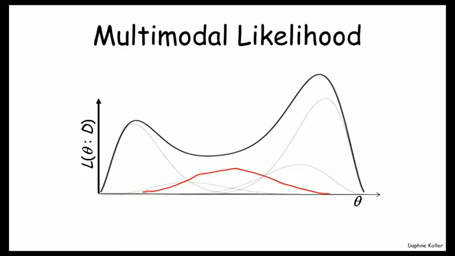When we have a case of incomplete data, we're effectively summing up the probability of all possible completions of the unobserved variables. And so the overall likelihood function ends up being a summation of likelihood functions that correspond to the different ways that I had to complete the data.